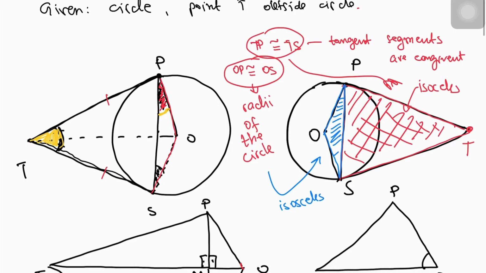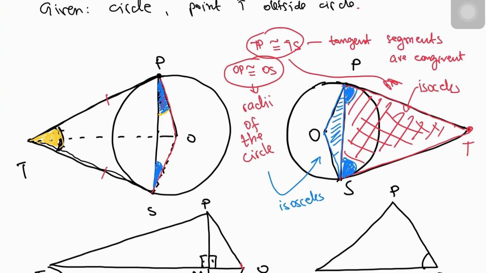This means that the angles on the base have the same size, so they are congruent. In every isosceles triangle, the angles on the base are congruent.